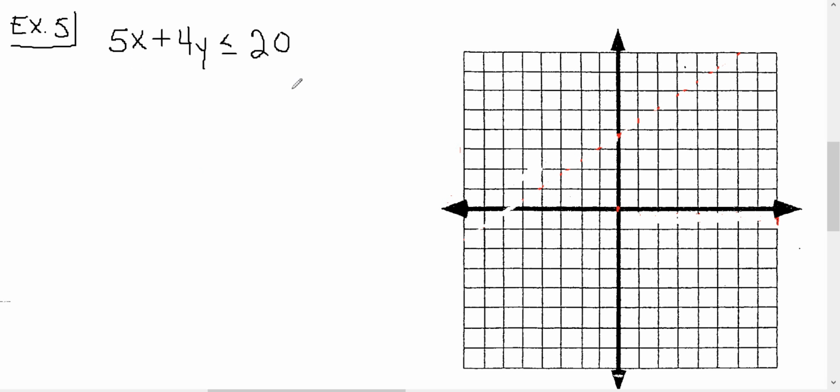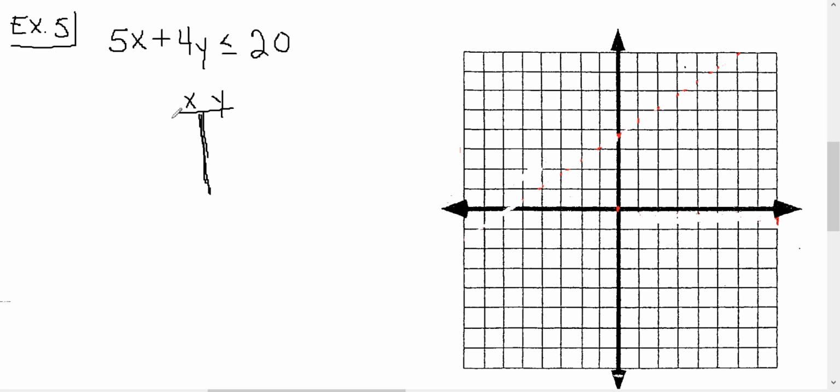Just so you know the alternatives we have in problems, this looks like a nice one to set up the t-chart and do the x-y intercepts with. Why? Because the x and y are on the same side as the inequality. And 5 goes into 20, and so does 4. So I'm going to get some nice whole numbers here.